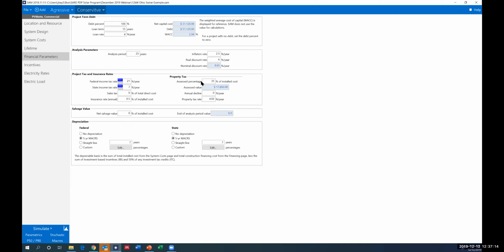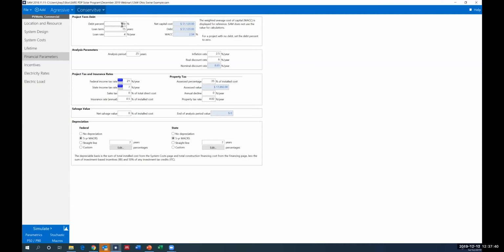But we looked a little closer at the tax rate for Ohio, and it's only assessed at 35% of its value. So we changed that. That's going to make our economics look quite a bit better because our taxes aren't as high. I think if we remember, we were paying $2,000 a year in taxes on this $50,000 system, and that seemed a little high, and it is. And so that's come down. That's going to look a little better.